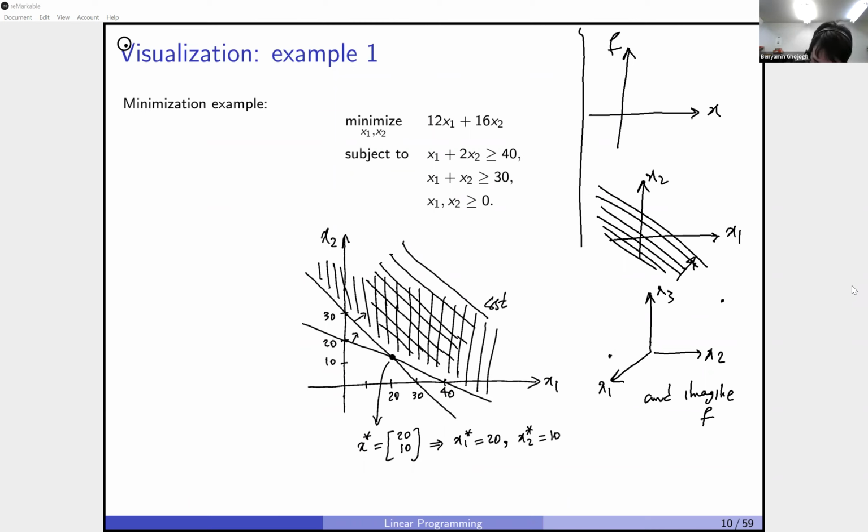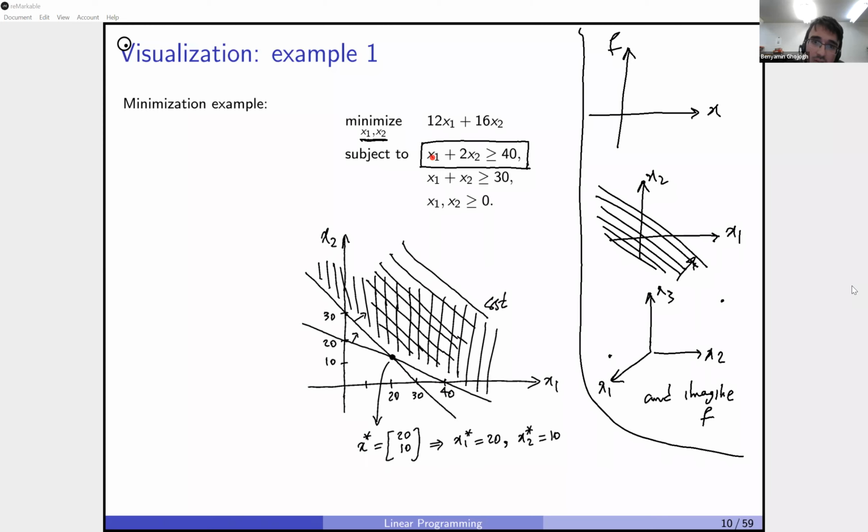An example here, for example, we want to solve this problem, which is 2D, two variables, using visualization. So we consider the first constraint. I want to draw it.